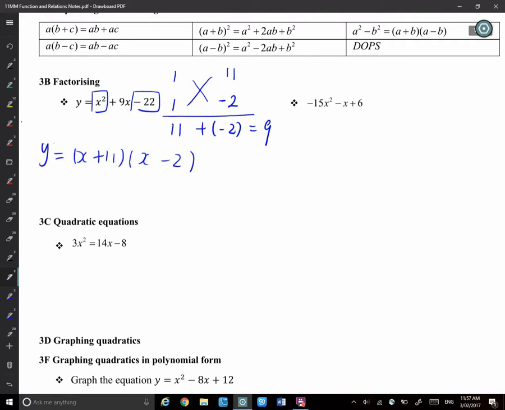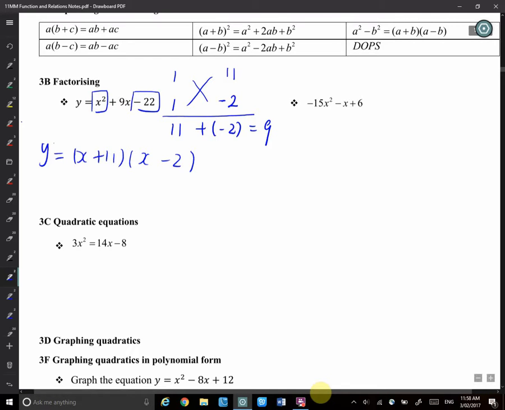For the next one, the coefficient of the x squared term is negative 15 now. So negative 15 can be 3 and 5, negative 3 or 5, negative 5 or 3, or 1 and negative 15, or 15 and negative 1. But you will start with two numbers close to each other, which are 3 and 5. You won't start with 1 and 15.